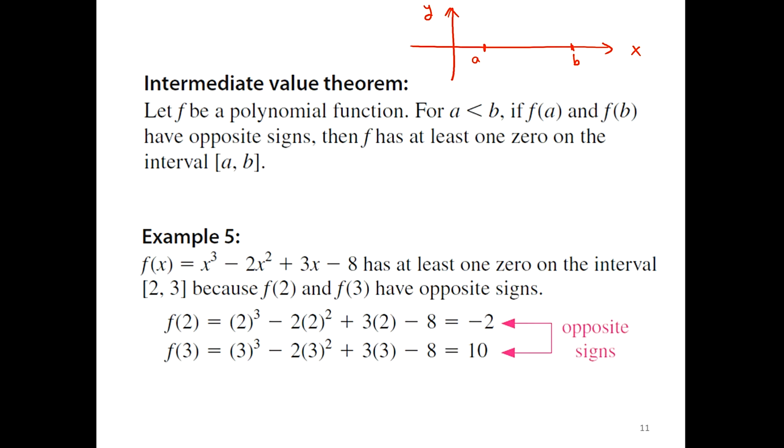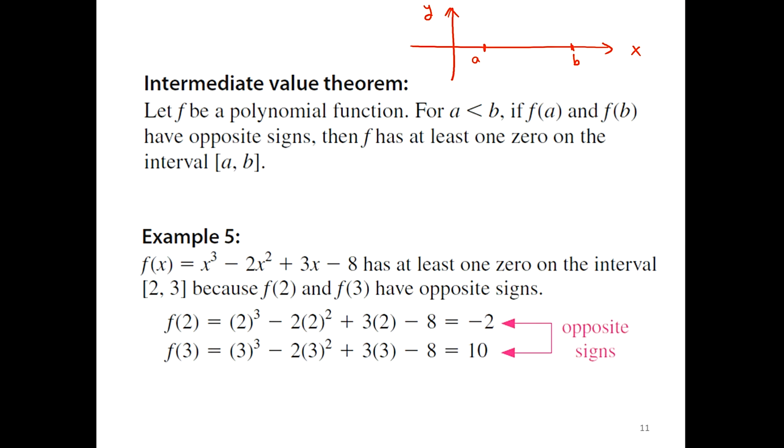If f of a is negative, f of b is positive. If f of a is positive, f of b is negative. So we have different, opposite signs.